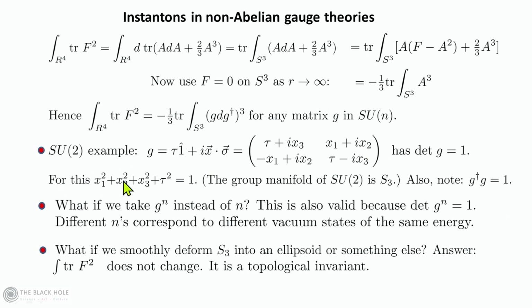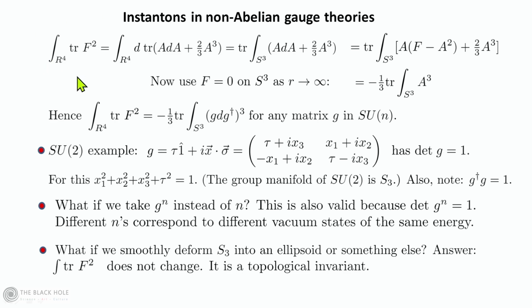Here I took a sphere, but now here is where a lot of nice mathematics comes in. What if you change the sphere? What if you distort the sphere a little bit? Does it change the value of the action?